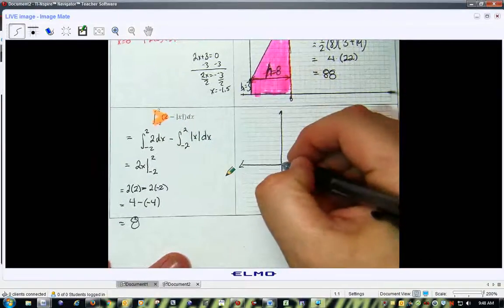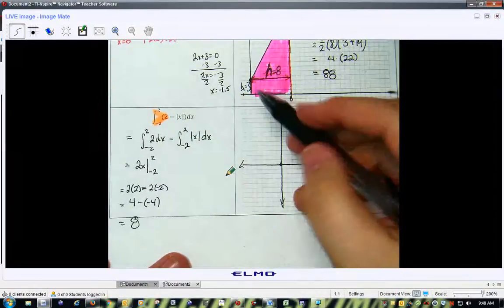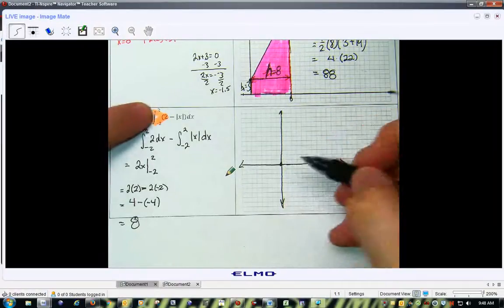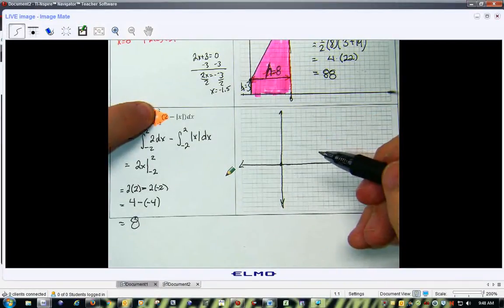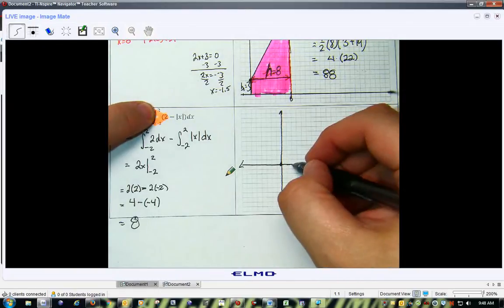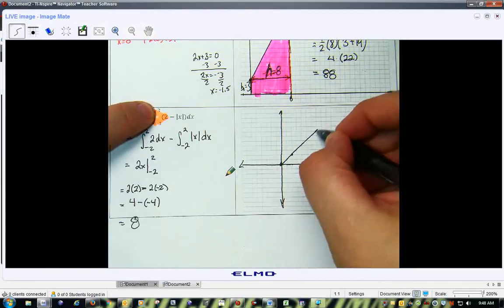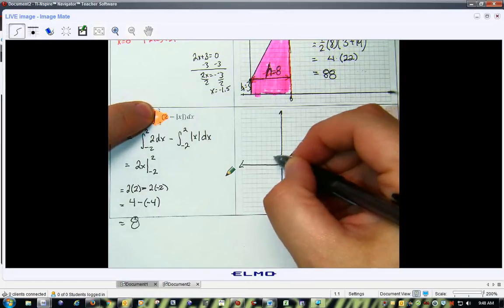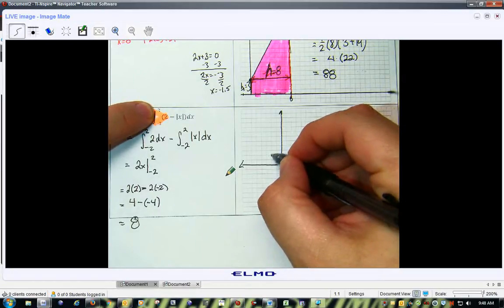Alright, so it's going to be 0 here. And at 2, what's the absolute value of 2? So at 2, it's at 2. So it's going to do that. And at -2, it's at 2. So it's going to do that.